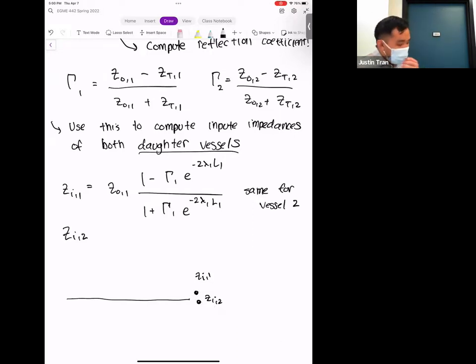Now that we computed ZI1 and ZI2, these will basically replace the impedance of those two vessels, so we can eliminate them from the tree now.